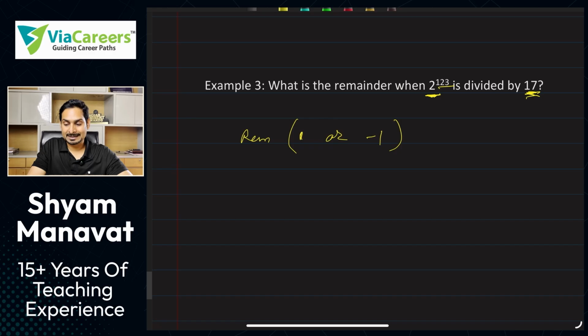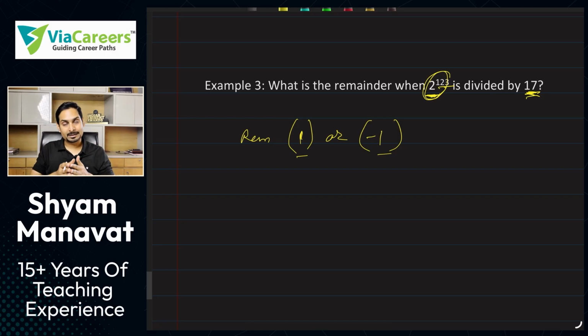Because this is going to help you in such a case where you have a big power, because 1 to the power anything remains 1, and minus 1 to the power even becomes plus 1, and minus 1 to the power odd will become what? Minus 1, correct?